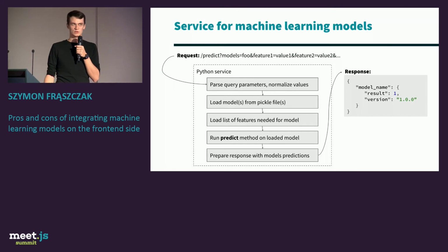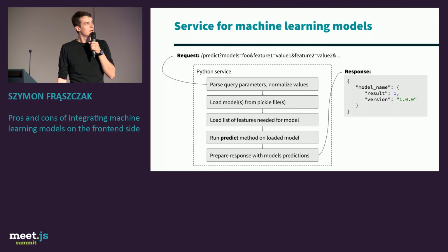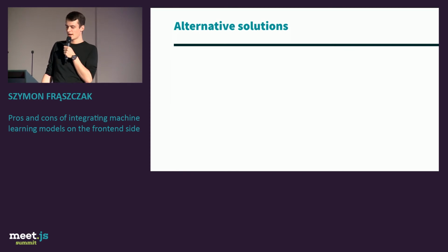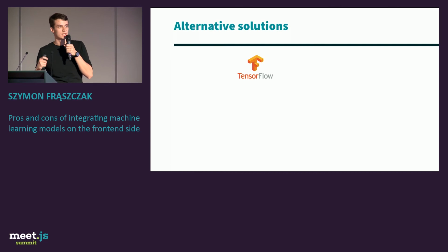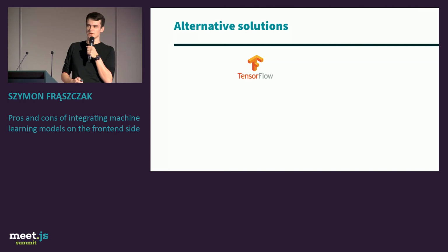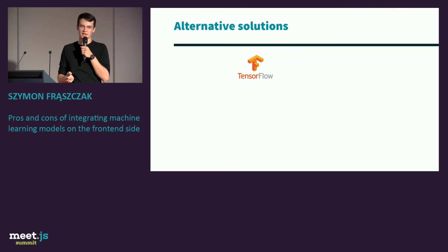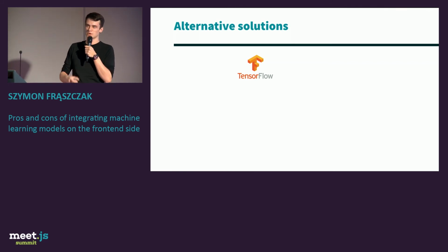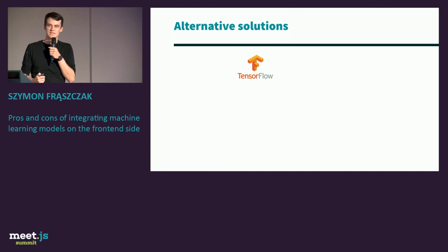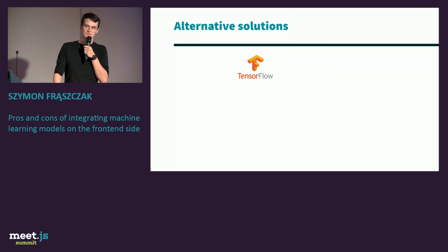In case you don't want to implement your own service, there are a few alternatives available on the web, and one of them is, of course, TensorFlow. By putting the TensorFlow logo over here, I meant the TensorFlow Serving package, which gives you a whole container with the REST API, and it takes care of models, versioning, and so on. But we didn't decide to use TensorFlow Serving because we were still using Scikit-Learn, and we didn't want to migrate to TensorFlow.